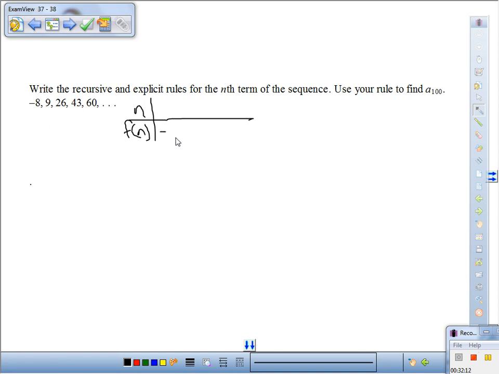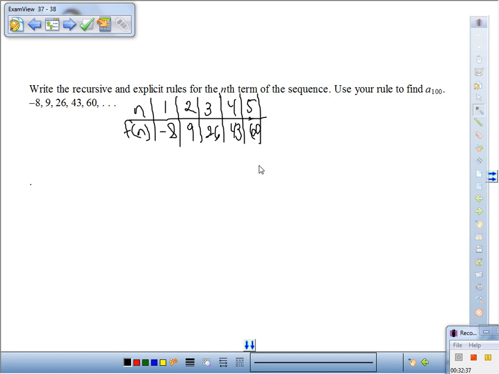We got -8. That's my first. Yes? Then 9, which is our second. And then third, which is 26. And then fourth, which is our 43. And then fifth, which is our 60.